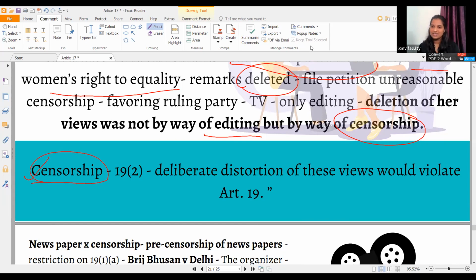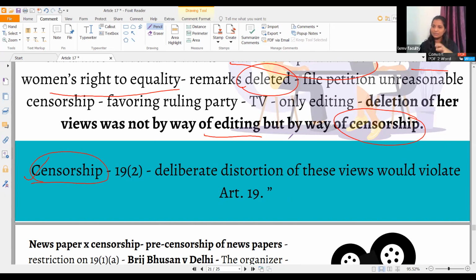Why? Because newspapers and interviews are for giving you information, not like cinema interviews, all those things. Interviews giving you information, something related to press, newspapers, cannot be pre-censored. Why do we have newspapers?